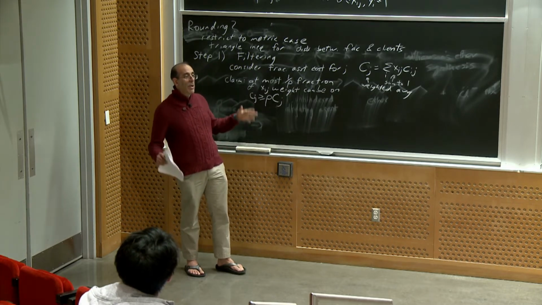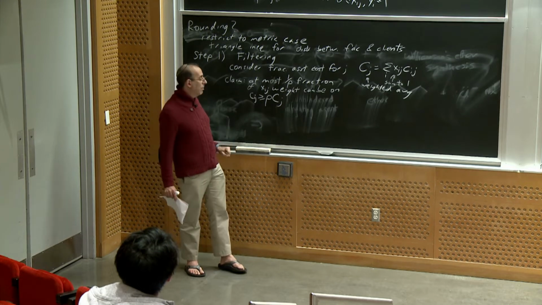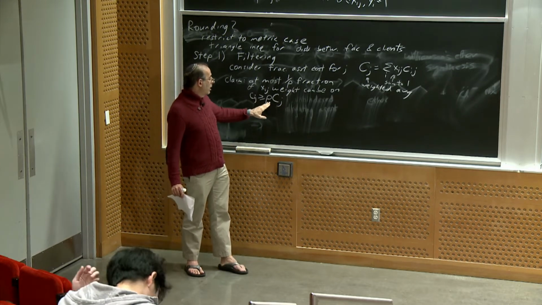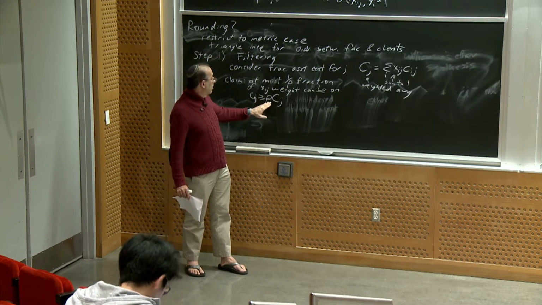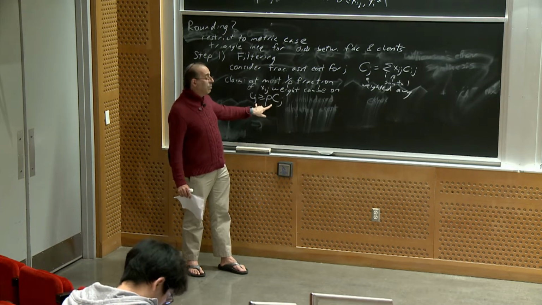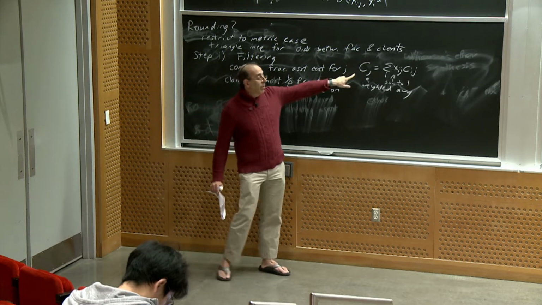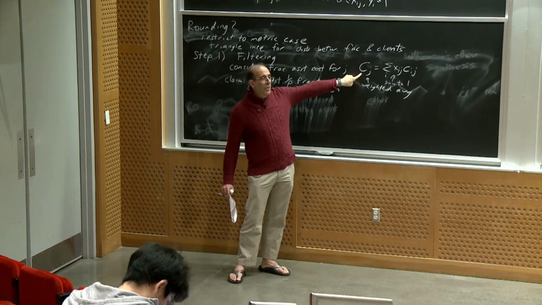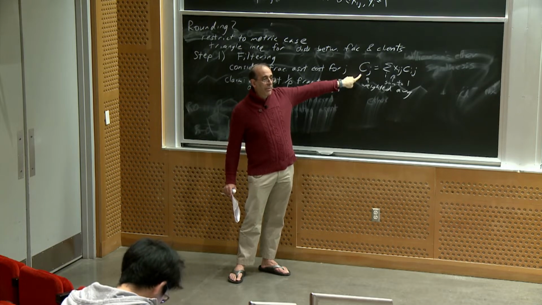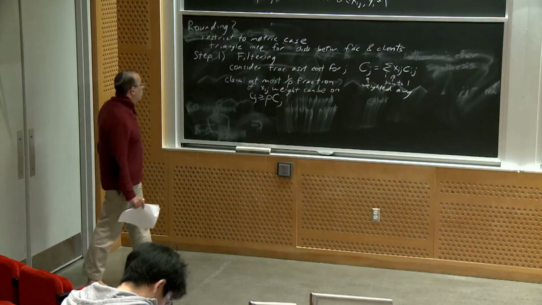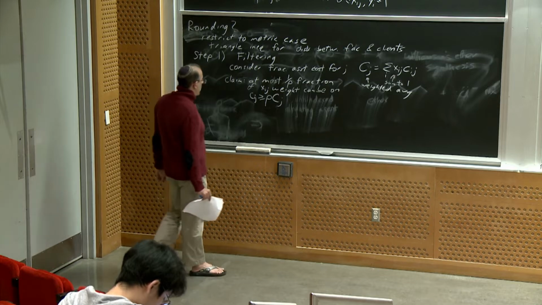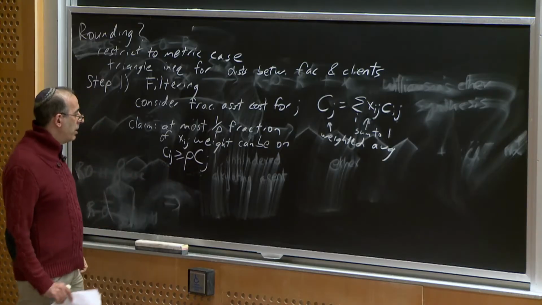Right? And this is the same Markov inequality argument as we've made before. If more than a rho fraction of the Cij's weight was larger than Cj, then that would by itself contribute a value greater than Cj to the overall average assignment cost. So it can't happen, right? Rings a bell? All right. So we've got some facilities that are too expensive, but there's a bunch that aren't.